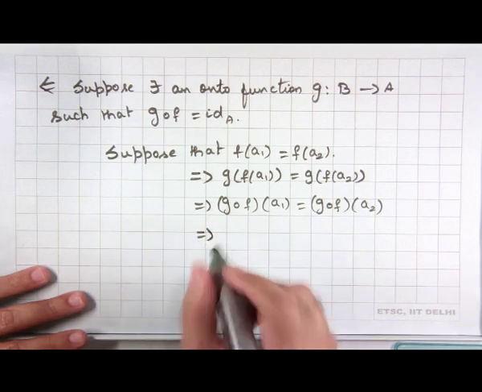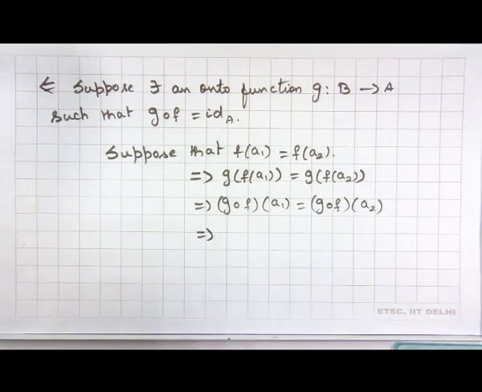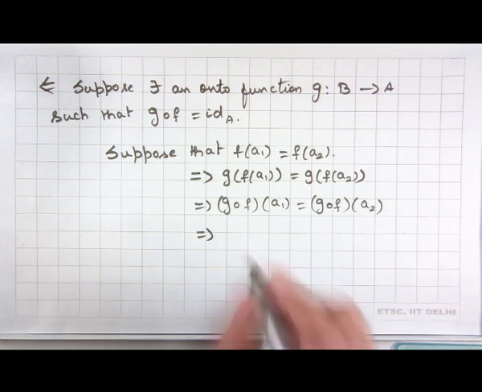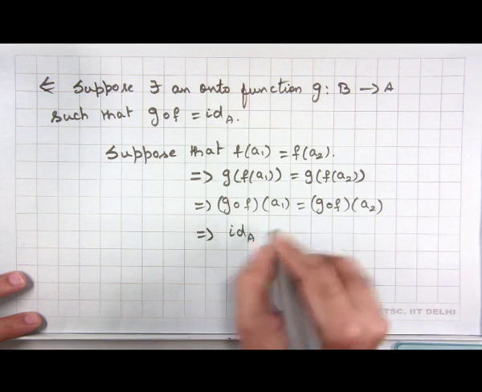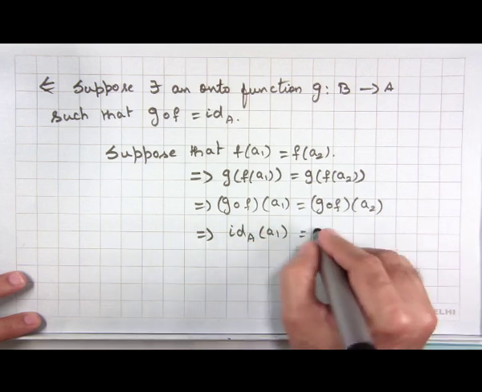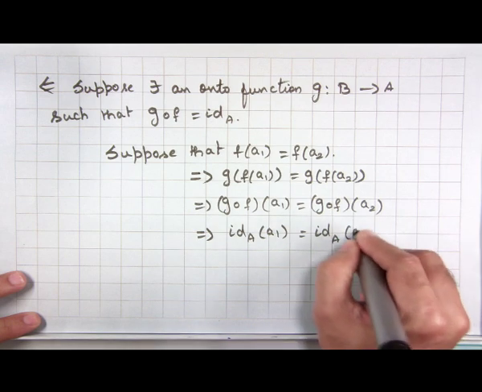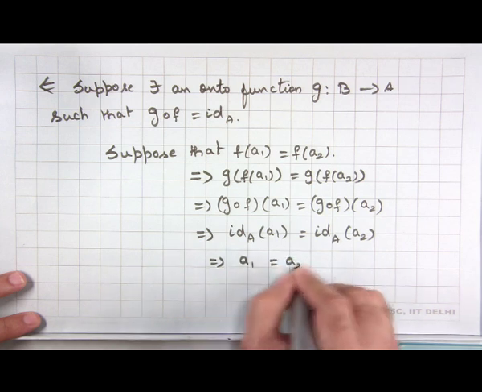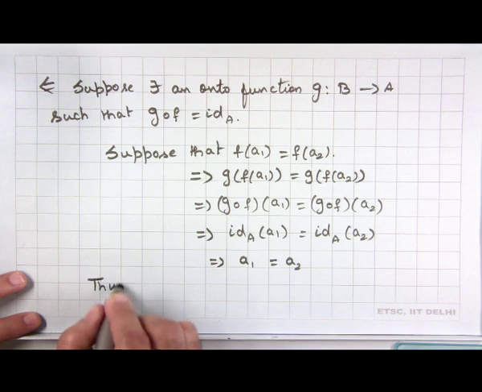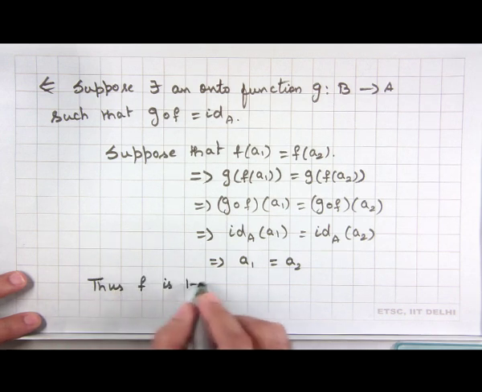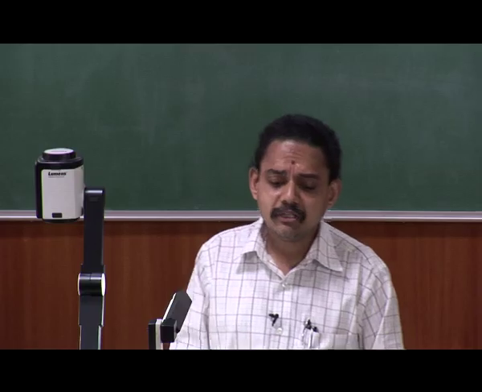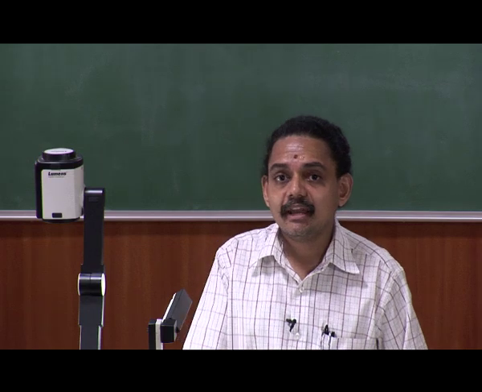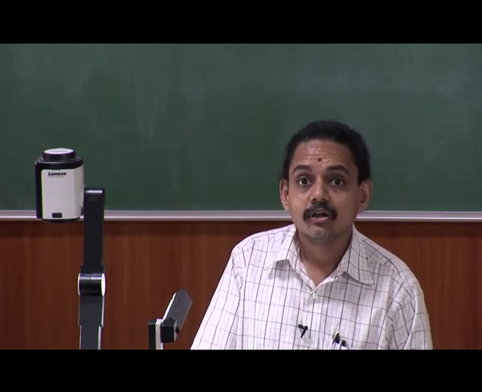What we know is that the composition G composed with f is exactly the identity function, so that will immediately tell us that A1 equal to A2. Thus, f is 1 1. Now, a similar question that arises is: is there a similar characterization for onto functions? In fact, the answer is yes.